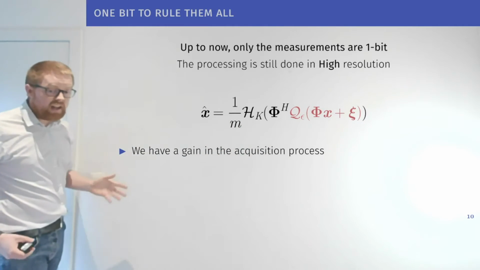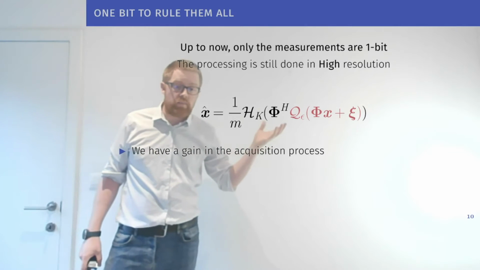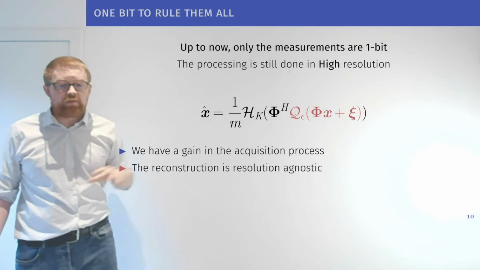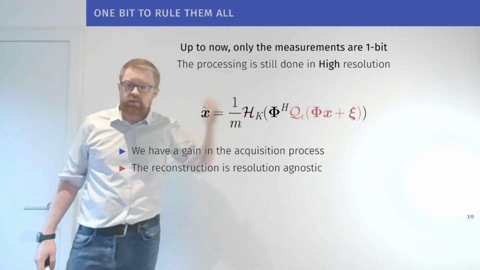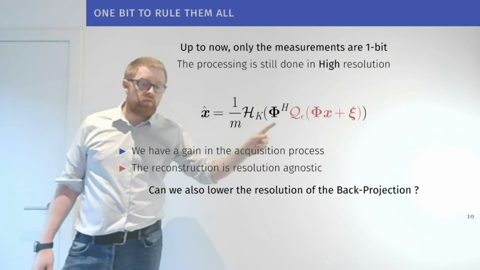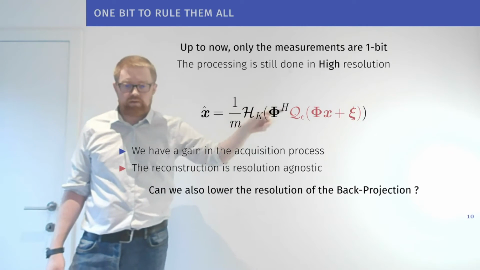Actually, we are processing those 1-bit measurements in the same way as we would process high resolution data. So we could try to do something a bit different, which is to also lower the resolution of this back projection operator.